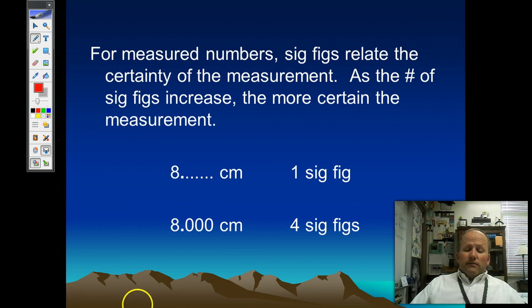But if I asked him to make me a cube that was 8.000 centimeters on each side, I need that cube to be perfect, he's probably going to charge a couple of $100 for that same piece of aluminum, because I am asking him to make sure that these numbers are zeros, not up here where I just don't know and I don't care.